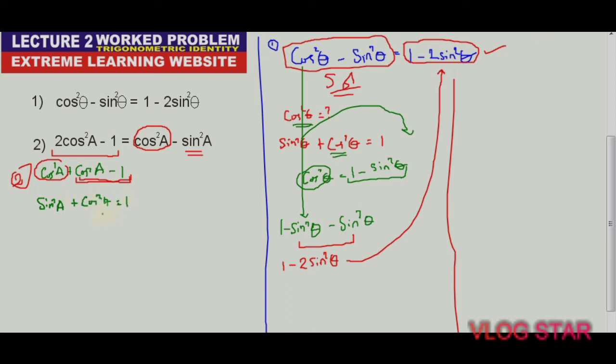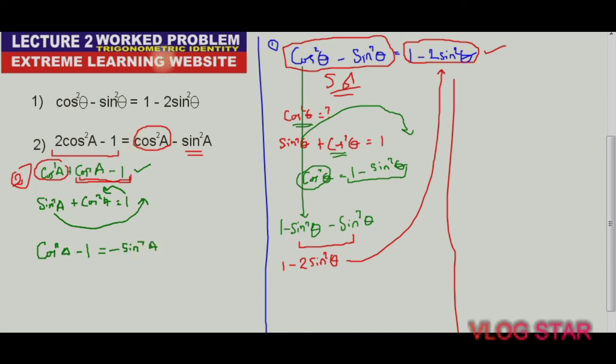So how do I get cos square a minus 1? Move 1 to this side and then move sine square a to this side. So here cos square a minus 1 is equal to minus sine square a. So sine square a takes negative.